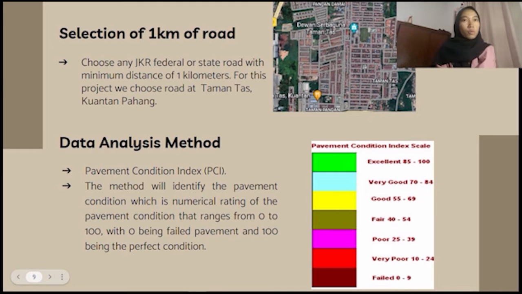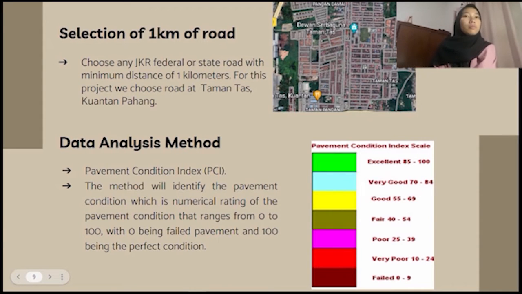For this project, we chose the road at Jalan Tas 1, Taman Tas, which is in Kuantan, Pahang. As you can see on the slide, here is a map of Jalan Tas, Taman Tas, Kuantan, Pahang.